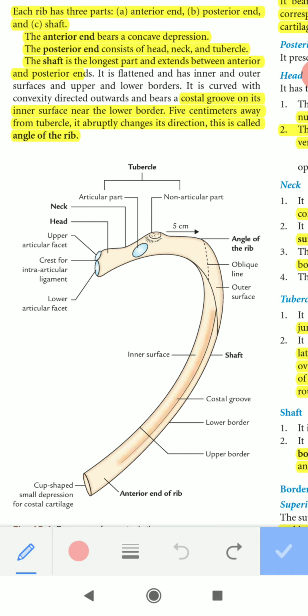The posterior end consists of a head, neck and tubercle. This is the head, then this is the neck and then a tubercle. So the posterior end possesses head, neck and tubercle. And the shaft is the longest part and it is situated between the anterior end and posterior end.